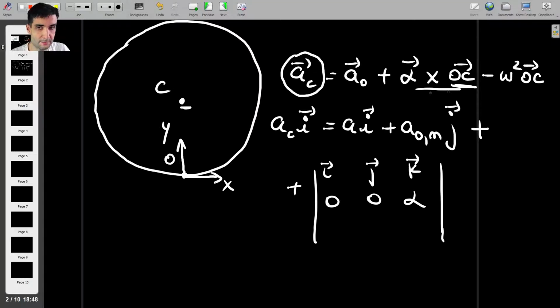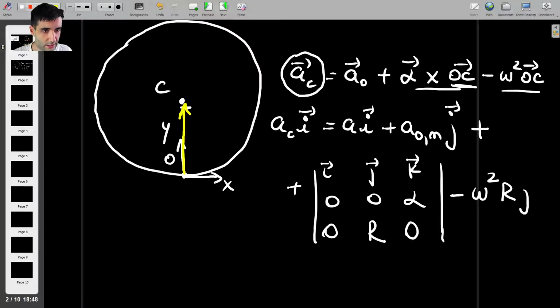OC is the radius, the vector in the positive y direction, so it's 0, r, 0. Then we have minus the final term, omega squared OC, where OC is once again our radius in the y direction.